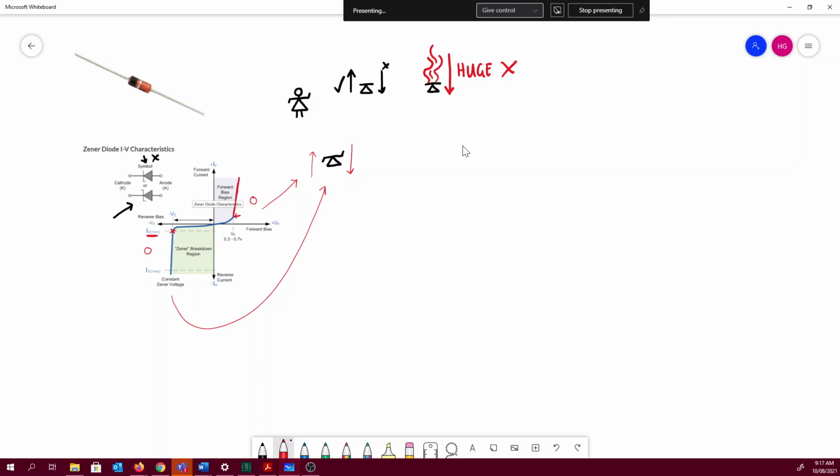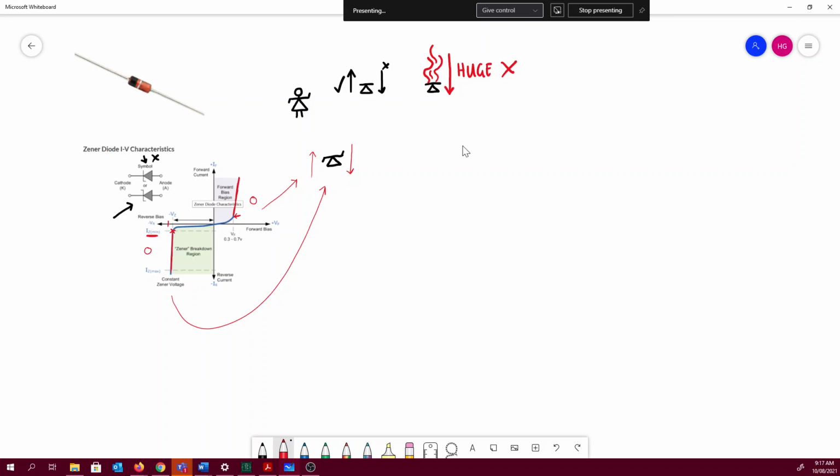But once you get to that region, which is your IZ minimum, it conducts pretty much at a regulated voltage, or a fairly buttoned down voltage. Once you hit IZ minimum, the voltage stays at what we call the Zener voltage, and that's VZ up here.